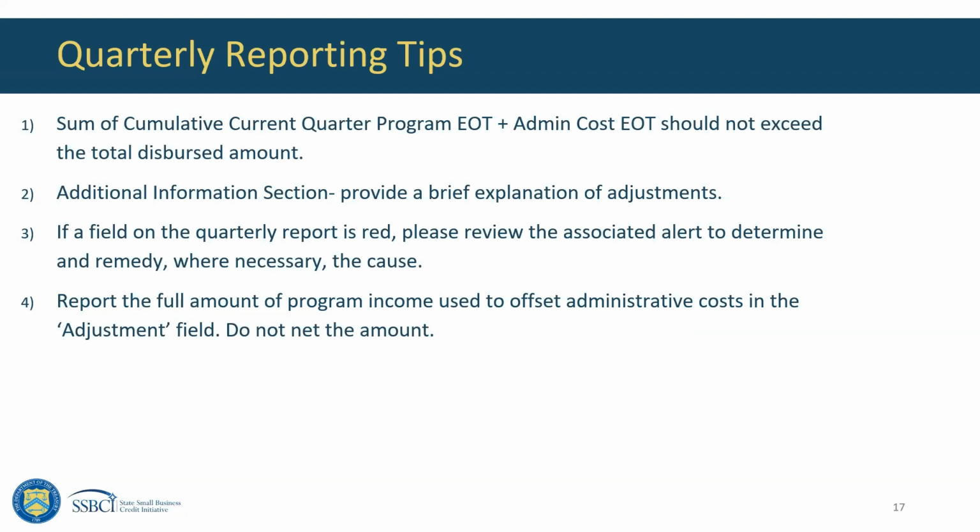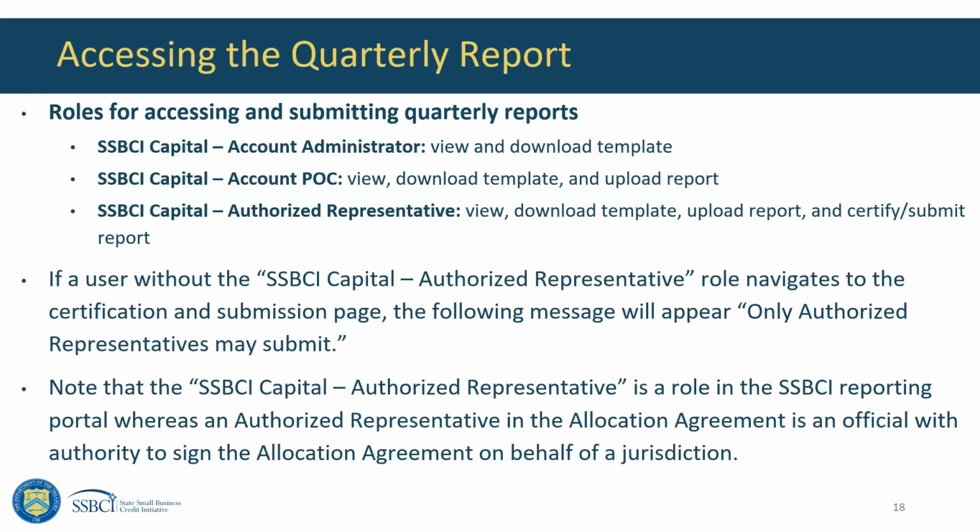Okay, we will move on to the next slide on accessing the quarterly report. A user will have a different level of access based on their assigned role in the portal, and Jay Flowers will go over the different levels of access in his demonstration later. I want to highlight a few things on the different levels here.